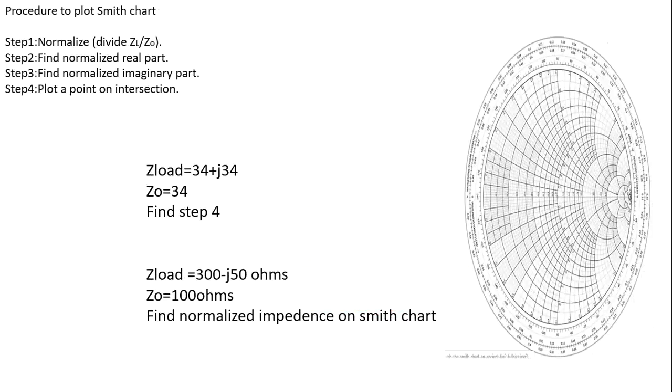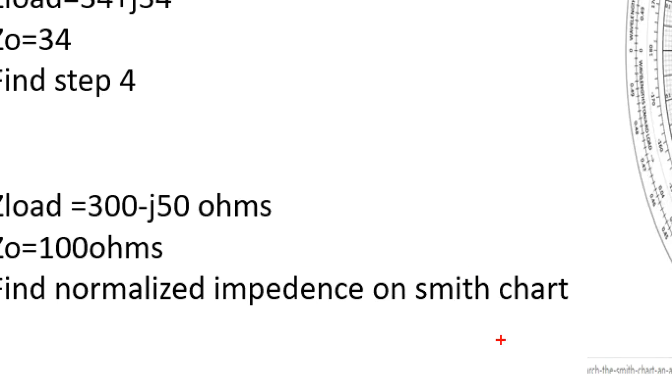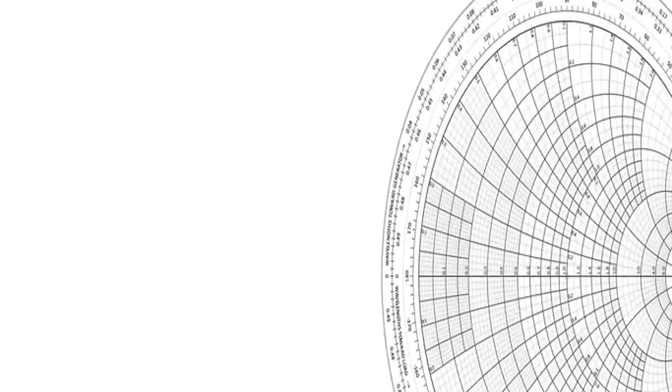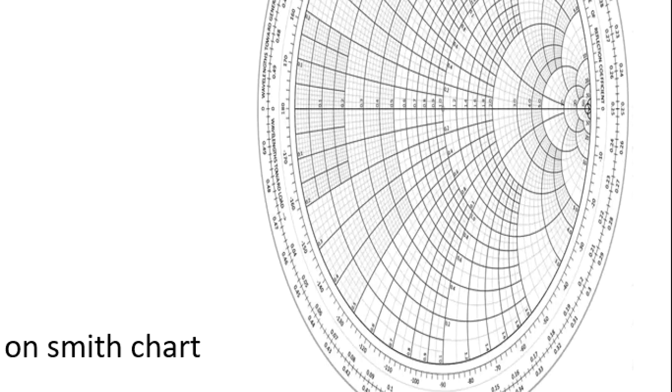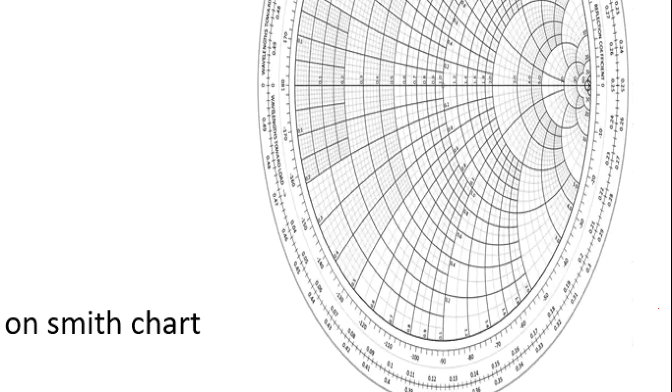We'll go back to the graph. Since it is minus, I will take the lower half of the circle. The equation was 3 minus j0.5. So I will identify 3 here: 1, 2, 3.